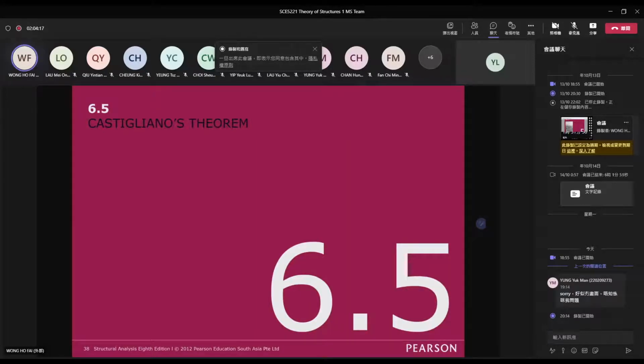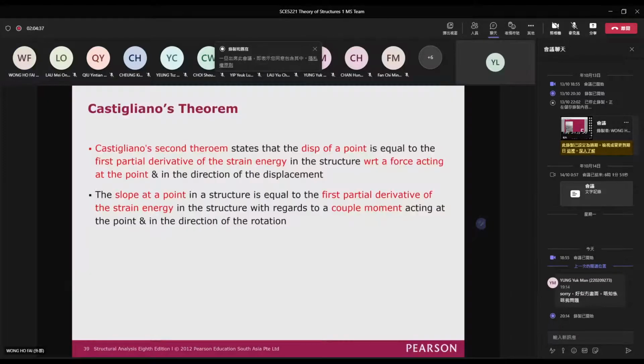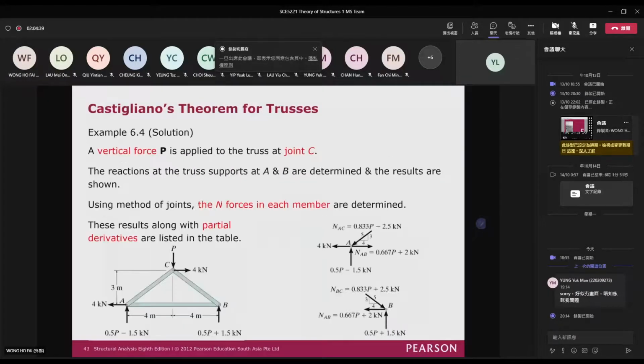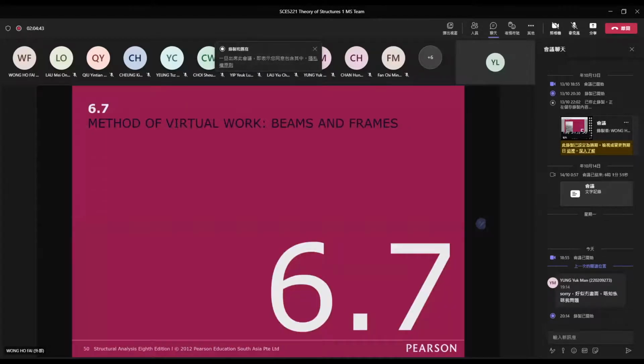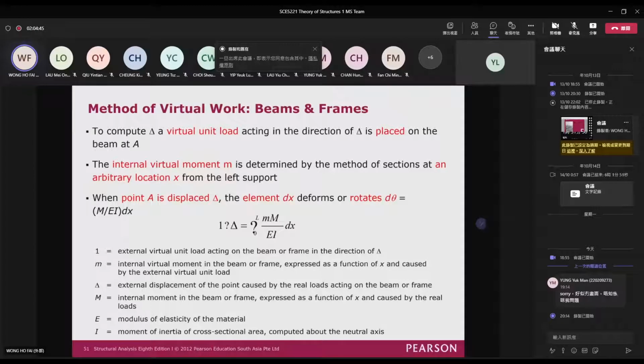Now, the Castigliano method is similar to the virtual force method or virtual work method, and I will introduce it in the next lecture. Right now, I will use the virtual force or virtual work method for the beam and then for frame structures first.